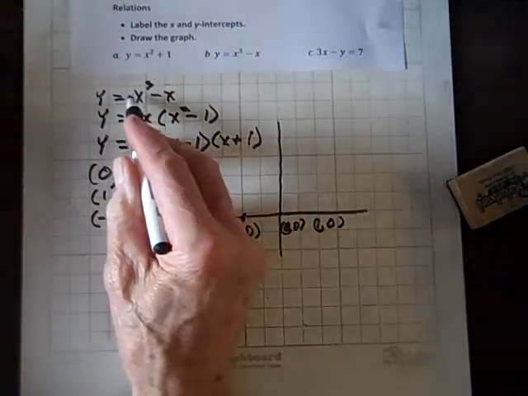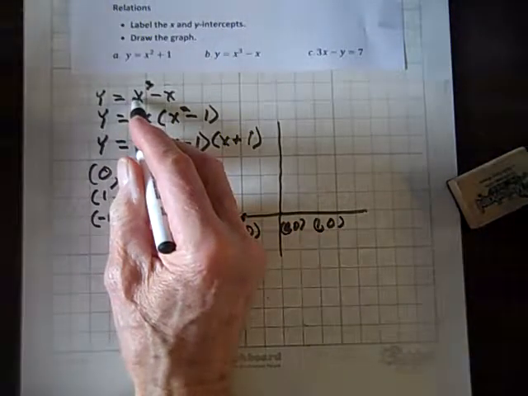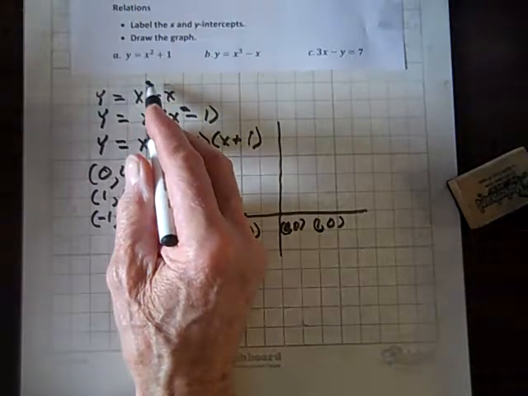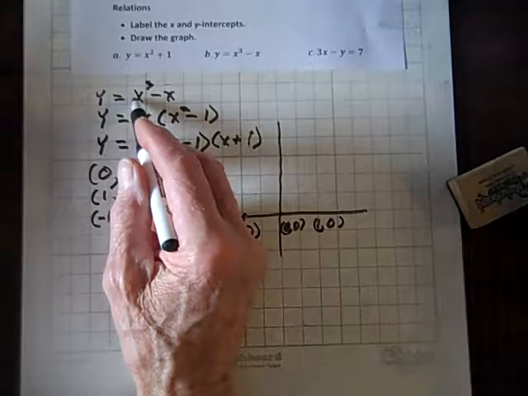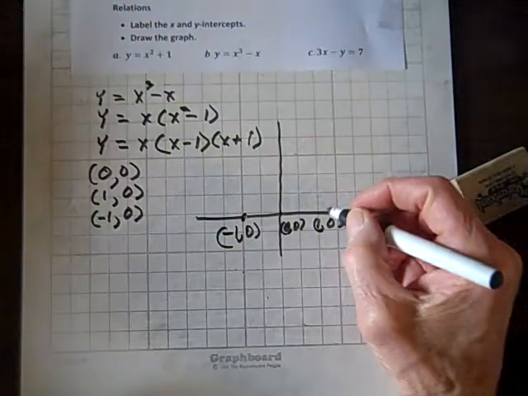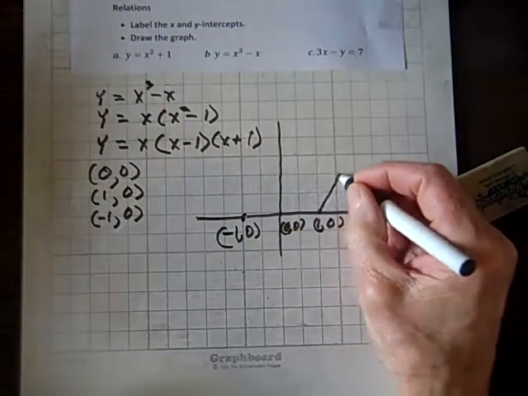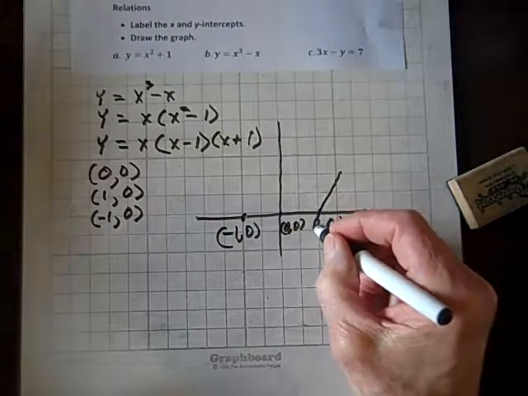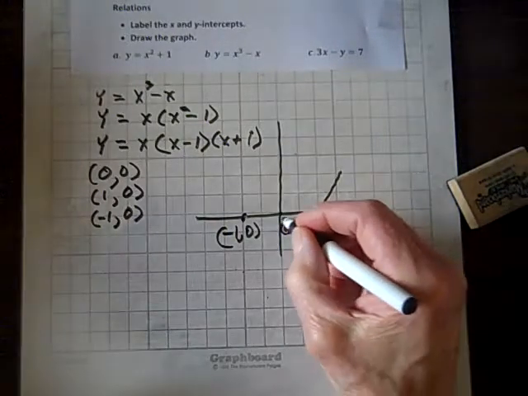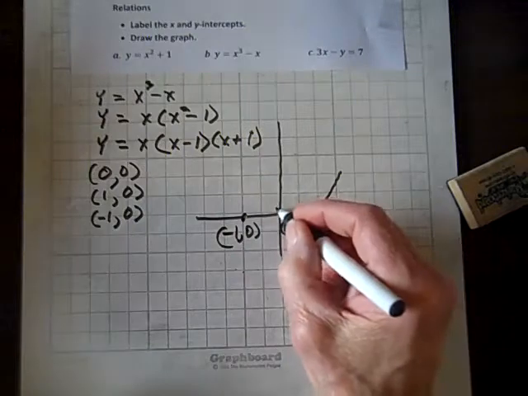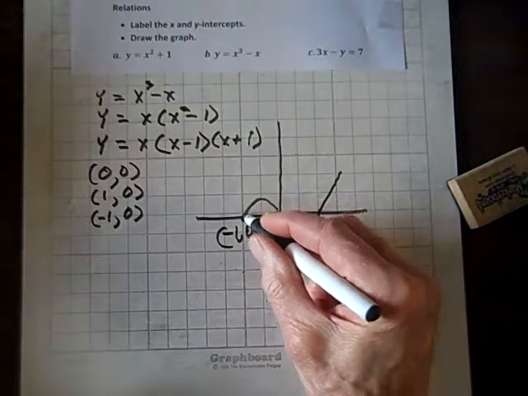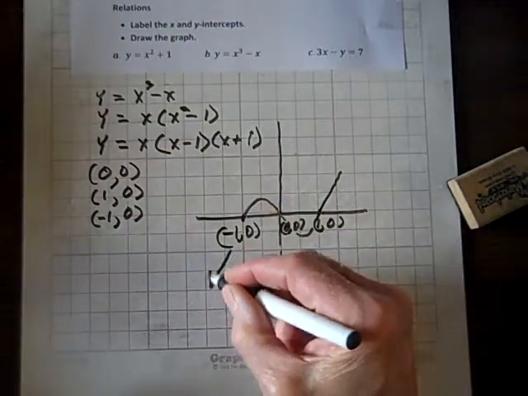Since the leading term is positive, in other words, the term with the largest exponent on the variable is positive, the right-end behavior will be up. It's going to go through here and then backtrack, go through here, backtrack, and down she goes.